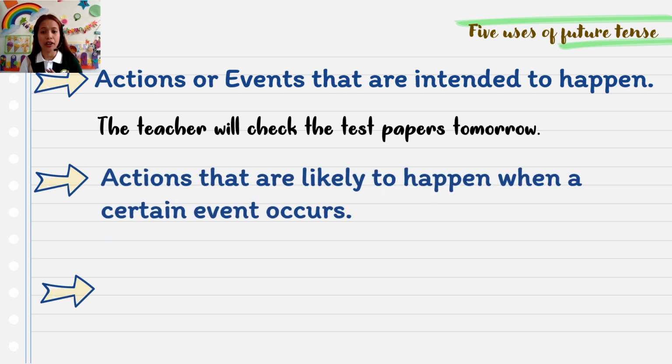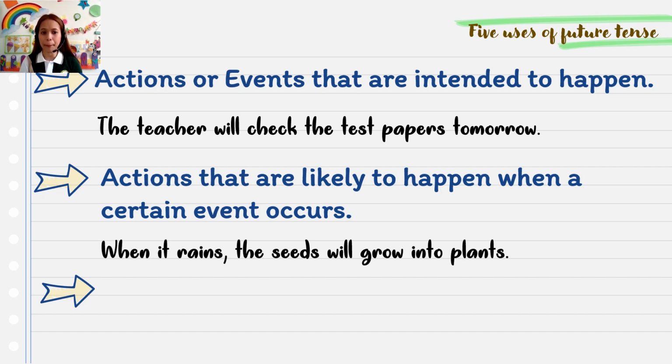actions that are likely to happen when a certain time or certain event occurs. Example, when it rains, the seed will grow into plants. Meaning to say this action that is likely or may happen when another event or action came up.